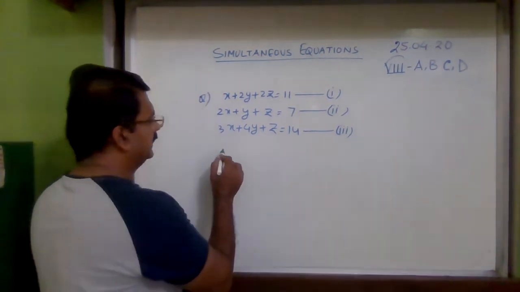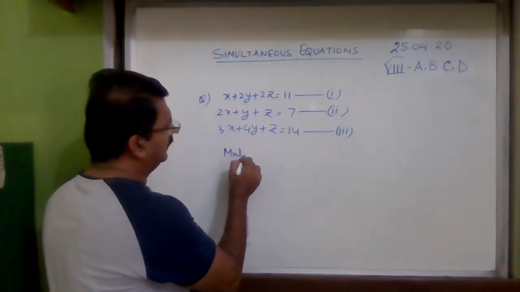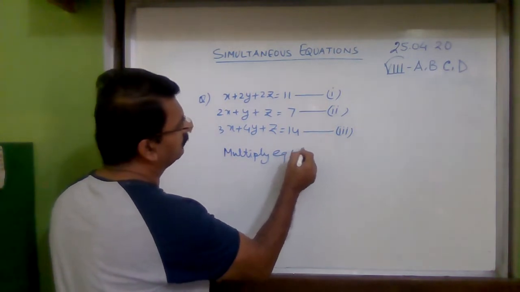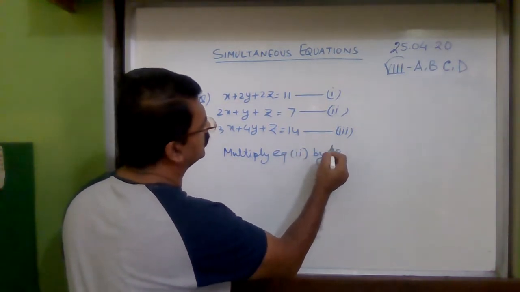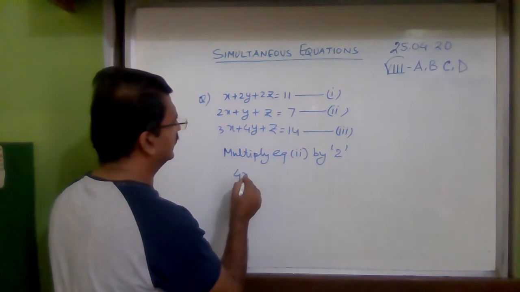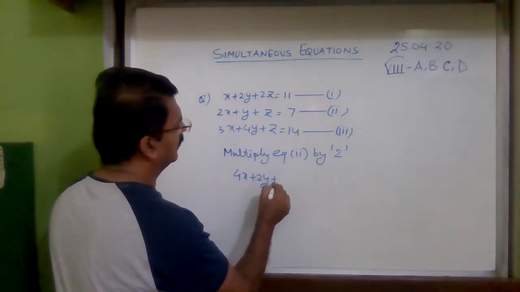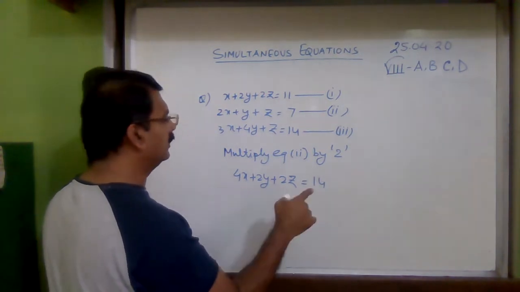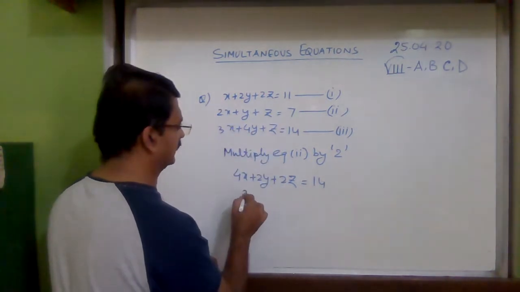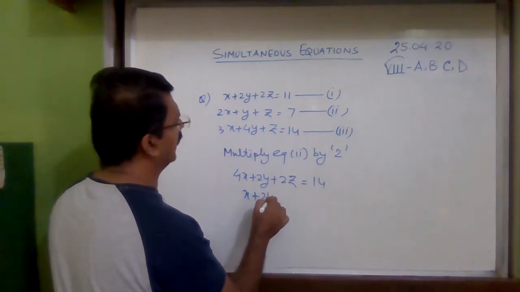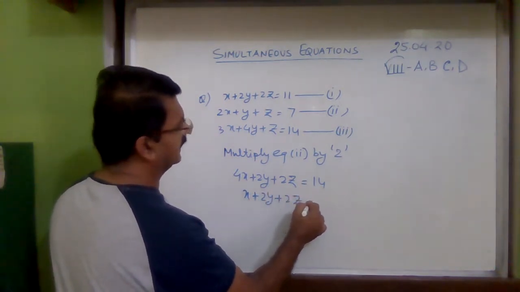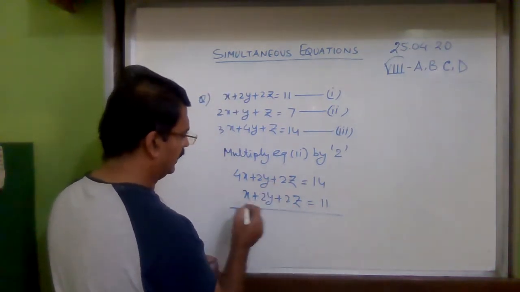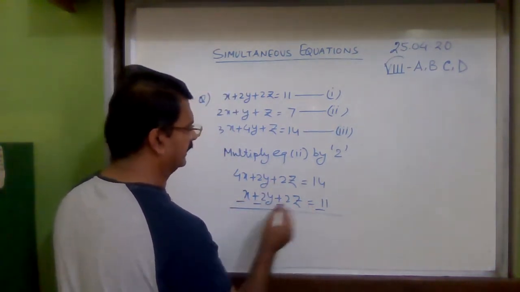So see, multiply equation 2 by 2. So 4x plus 2y plus 2z is equal to 14. And now below this equation, you write down the first equation, that is x plus 2y plus 2z is equal to 11. And now you change the sign, minus, minus, minus, minus.